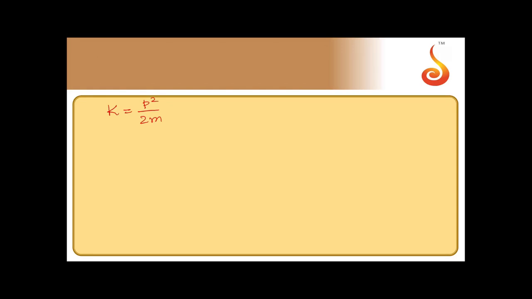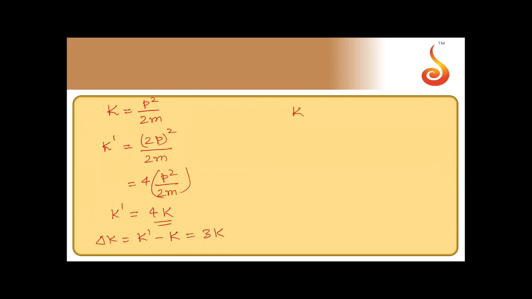Now momentum is doubled, 100% increase means it has been doubled, so it will become (2P) whole square divided by 2m, that is 4P square by 2m. So the new kinetic energy becomes 4 times the initial kinetic energy K. So the change in kinetic energy is K dash minus K, that is equal to 3K.